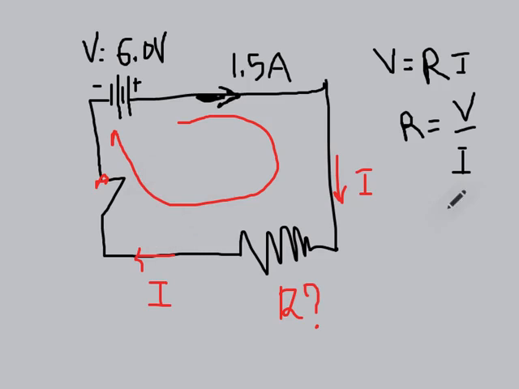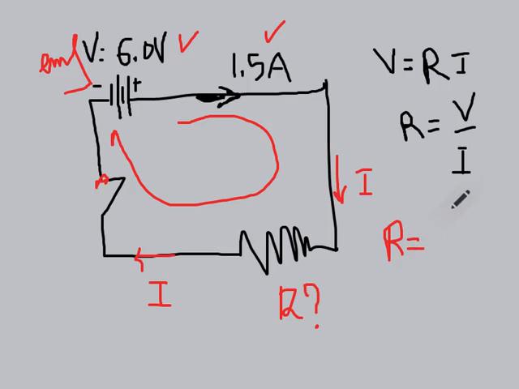We have three parameters: the source EMF, which is the voltage, the electric current, and the resistor. If we can change a complex circuit into a simple circuit like this, then we can always solve these types of problems. So let's solve for R.